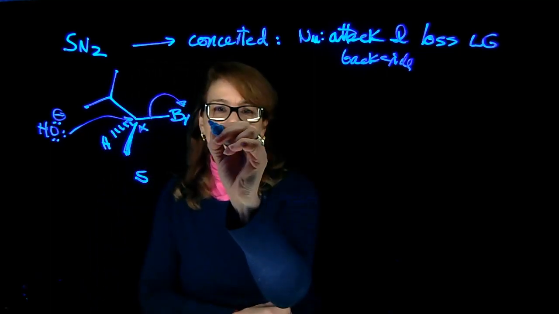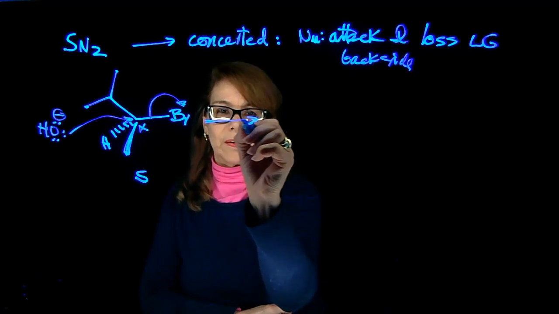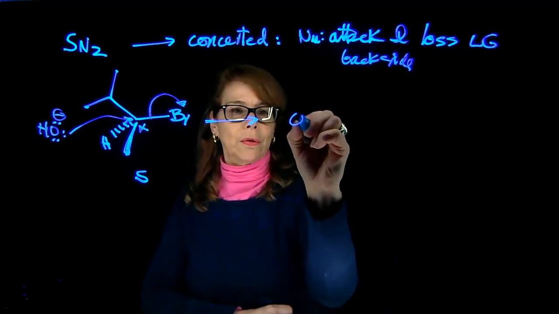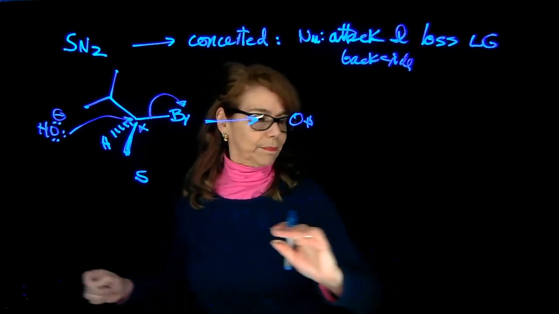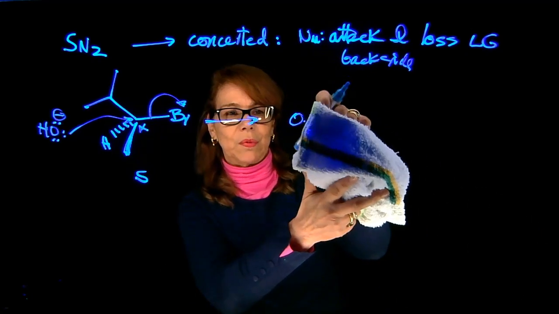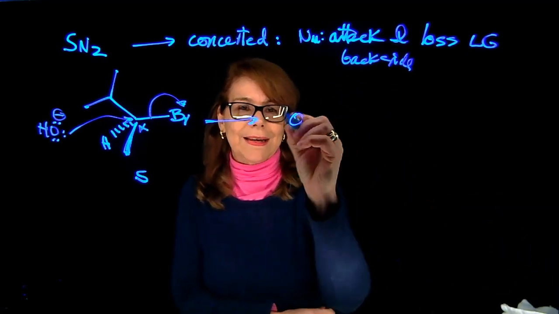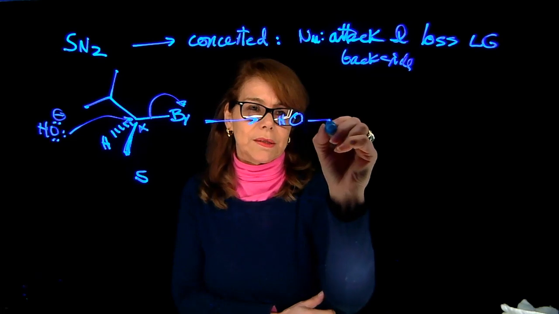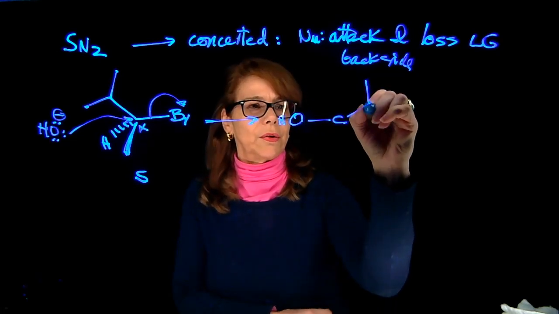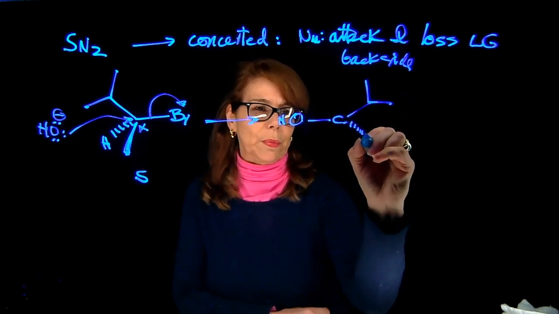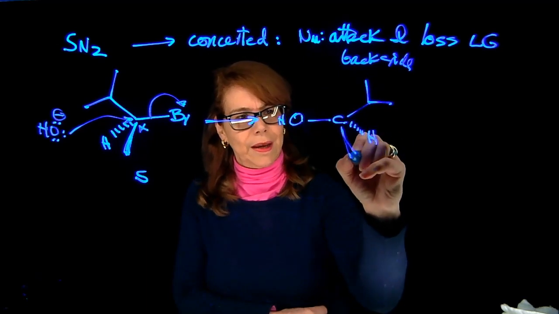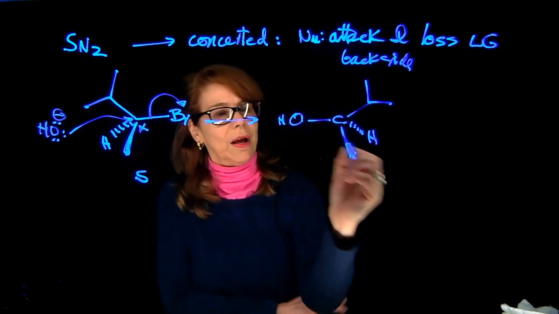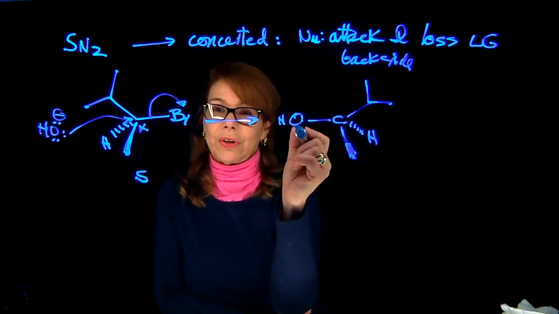And then your products now are going to be, here you have the OH, I need to put the H on the other side, OH here bonded to the alpha carbon, and here you will have your isopropyl, hydrogen, and methyl. So now notice that the configuration has changed.